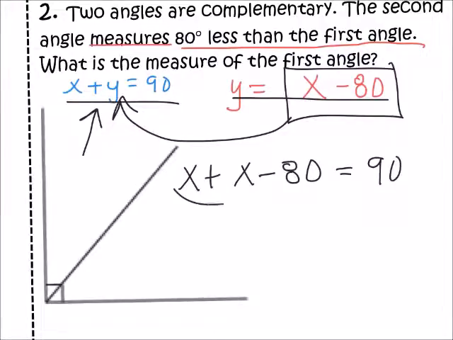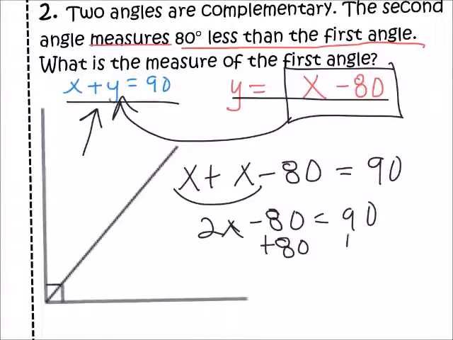Combining like terms, we get 2x minus 80 equals 90. Now we're going to add 80 to both sides so that we can undo the subtract by 80. So that goes away, it becomes 0. So we have 2x equals 170.